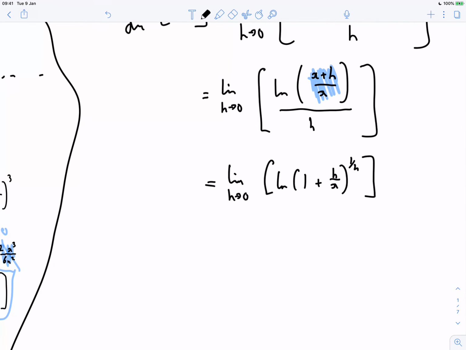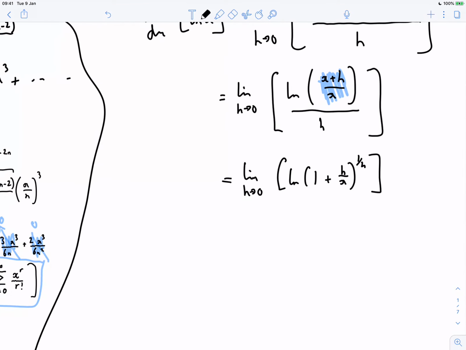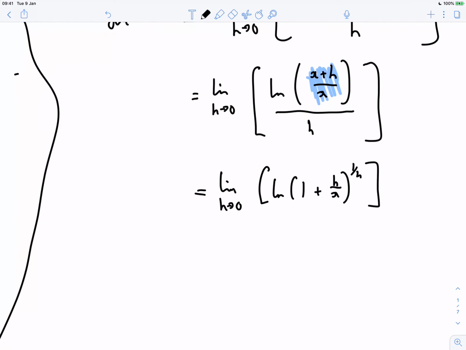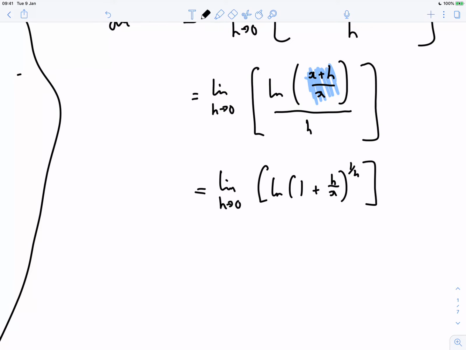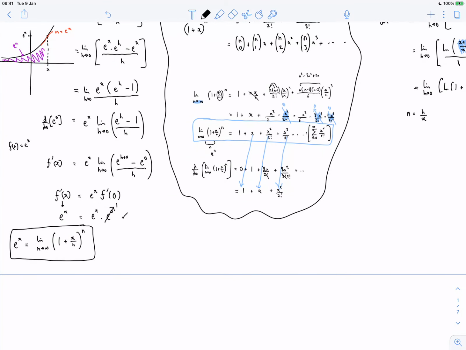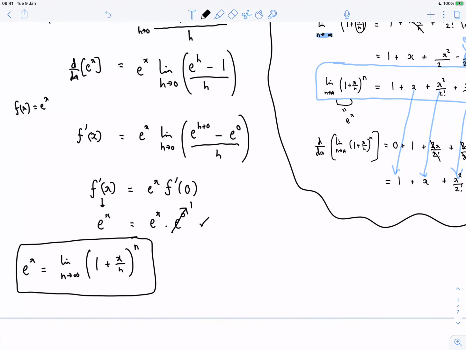Okay, now this is actually quite interesting because we can fiddle this around a little bit. Let's suppose that we're going to introduce a new variable called n, where n is h over x, right?